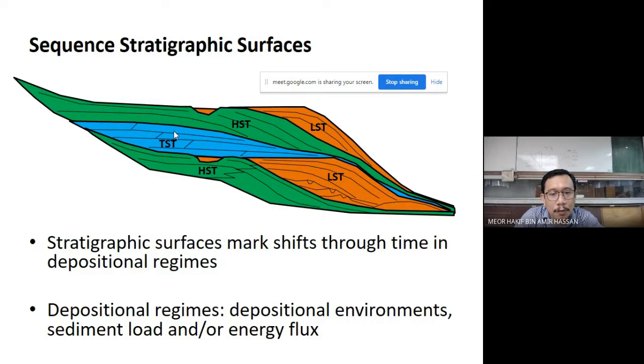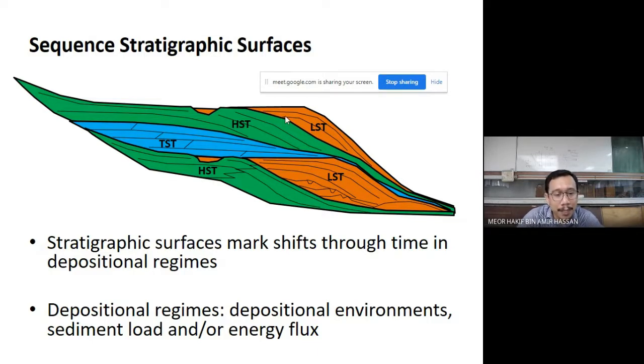And then this is followed by a slowing down of relative sea level during the high stand. So what happens is that you get an aggradational followed by progradational parasequence set, and then it is going to end with an erosional event, an unconformity. All right. So aggradation, progradation, degradation.